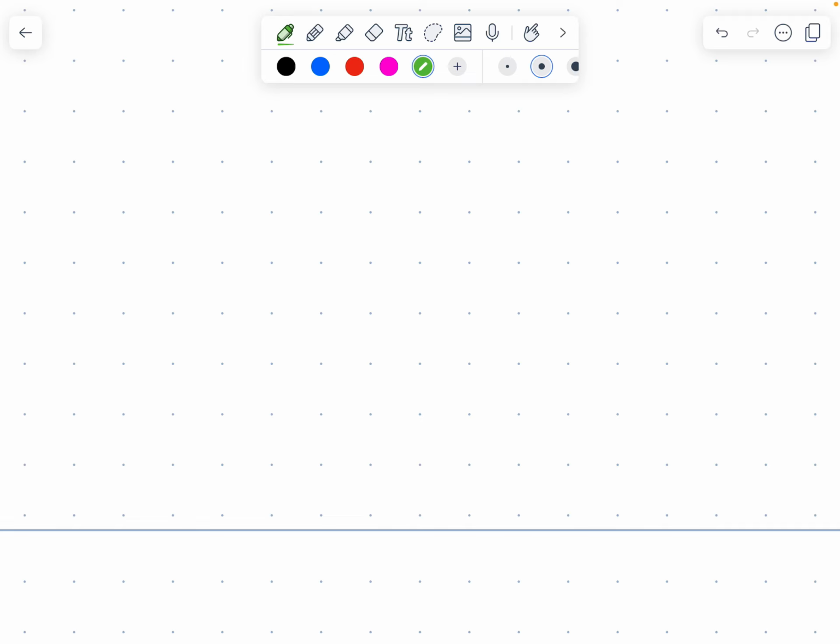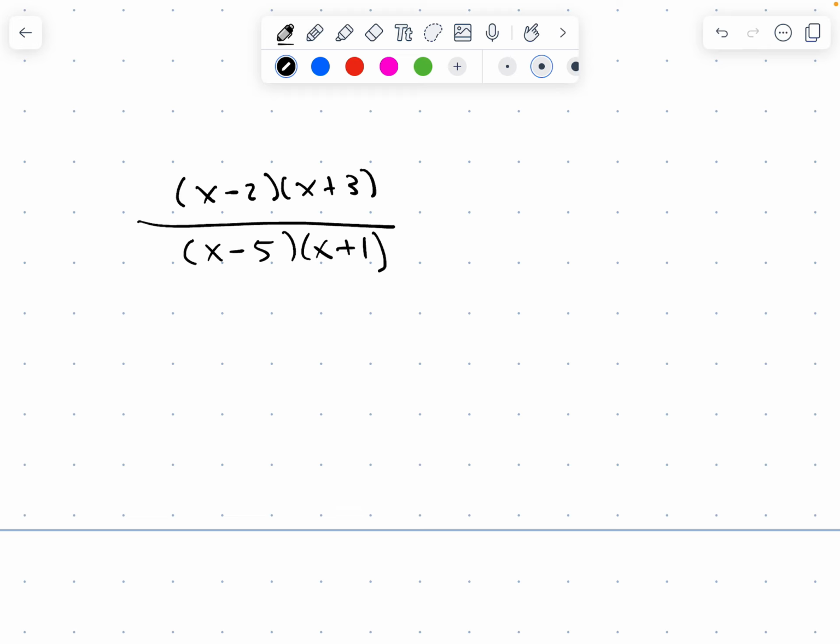So let's do that. So how do you graph something like this? (x minus 2)(x plus 3), well, let's make this easy. And on the bottom, let's do (x minus 5)(x plus 1). So when we graph this, let's start by graphing all of our asymptotes.